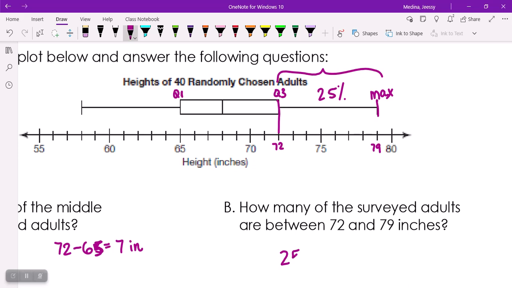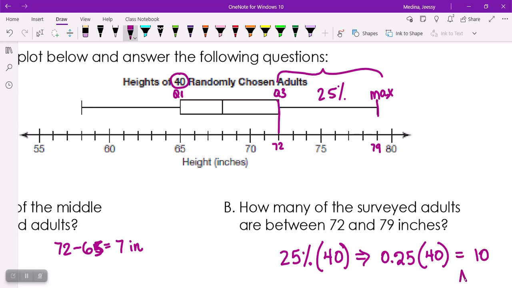So 25% of the data is in that section. How many adults is that? What's the total number of adults? The total is 40, but we only want 25% of that, so 0.25 times 40 equals 10 adults.